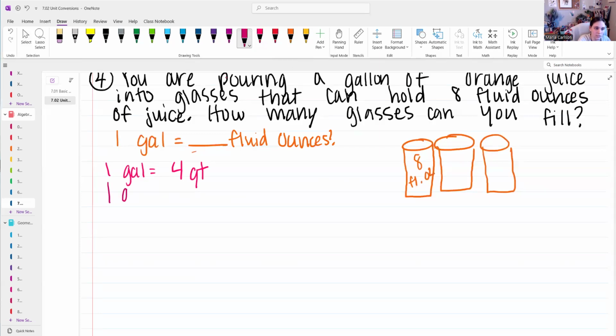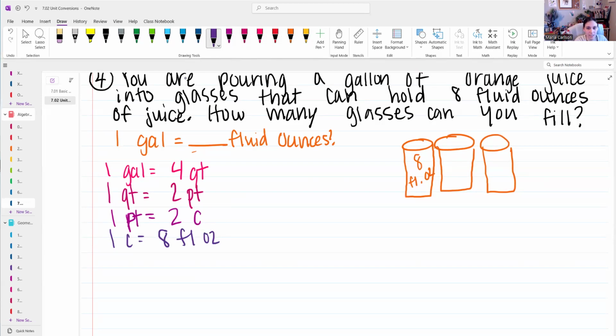And 1 quart is 2 pints. 1 pint is 2 cups. Just use C for cups. And 1 cup is 8 fluid ounces.